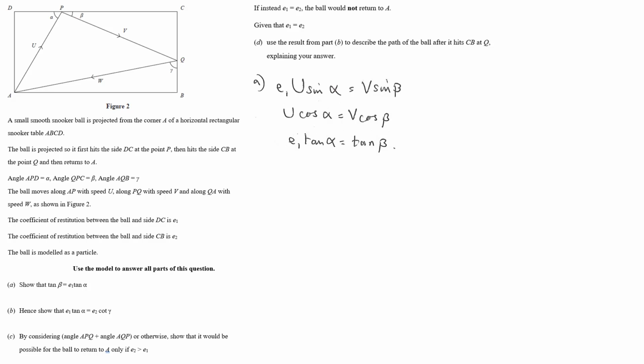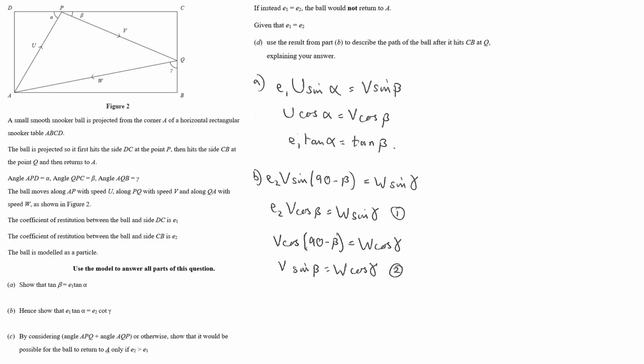Part B, it says show that E1 tan alpha is equal to E2 cot gamma. Right. So what have I done there? E2 is the coefficient of restitution for BC or CB. So I've done the Newton's equation all on one line, and then I've done the parallel to CB equation.